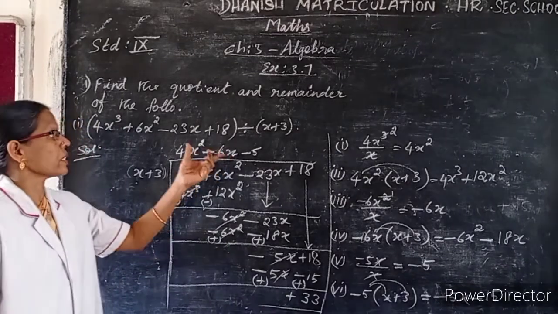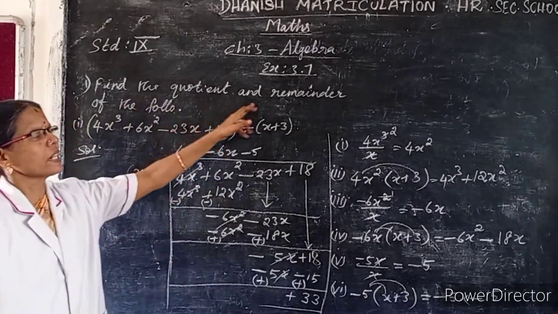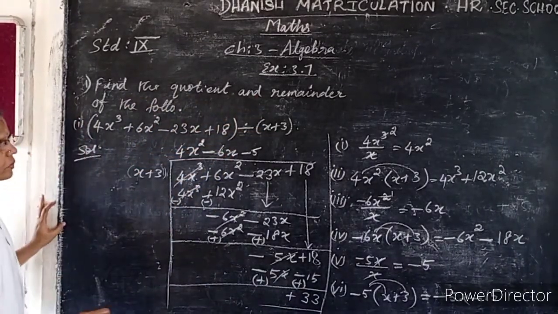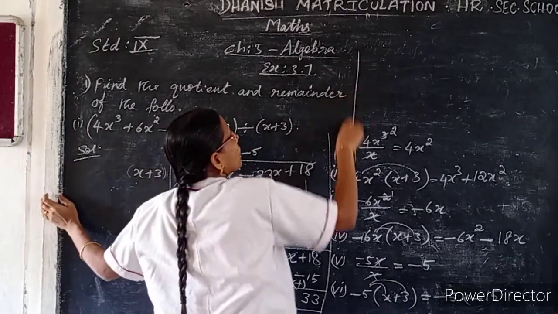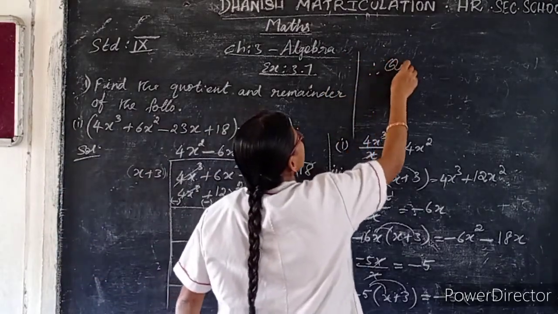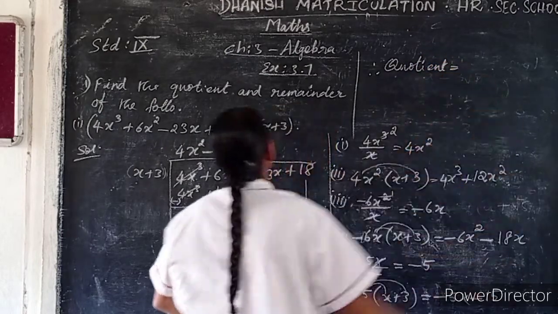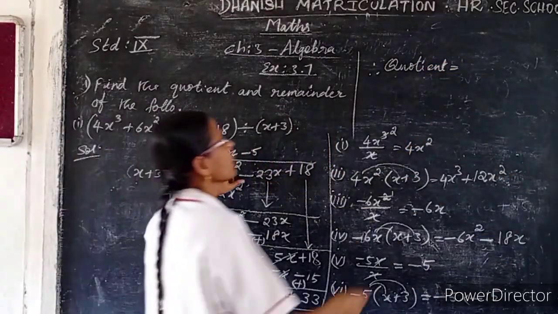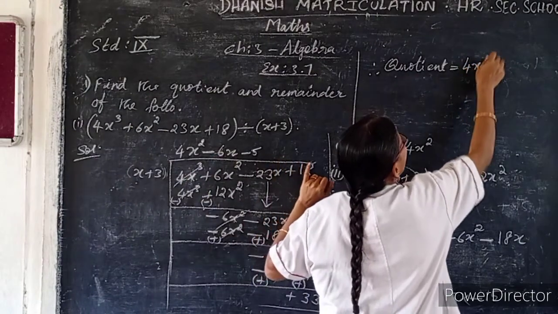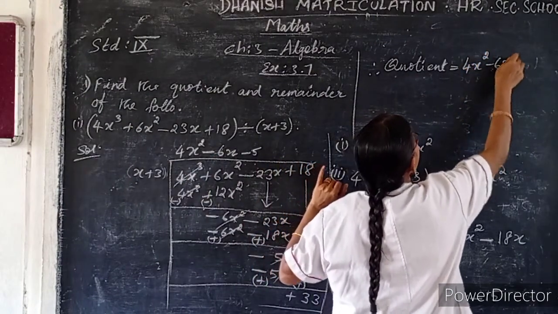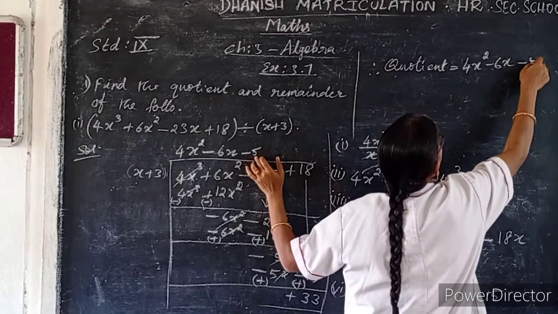This is our quotient. Question is find the quotient and remainder. Therefore, quotient is equal to 4x square minus 6x minus 5.